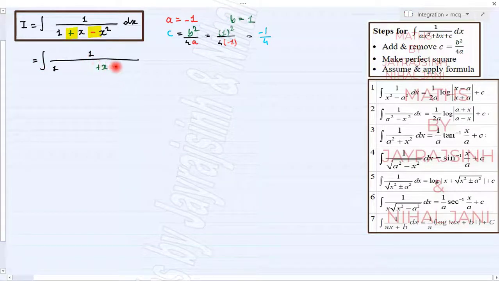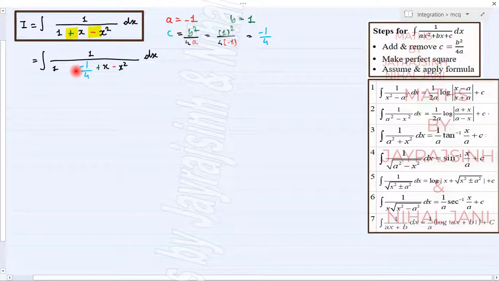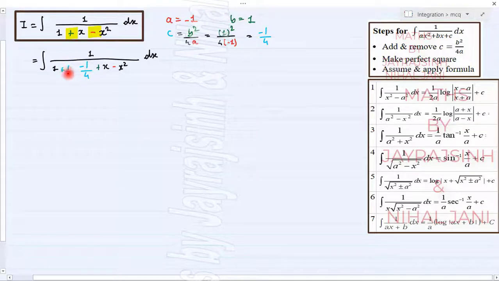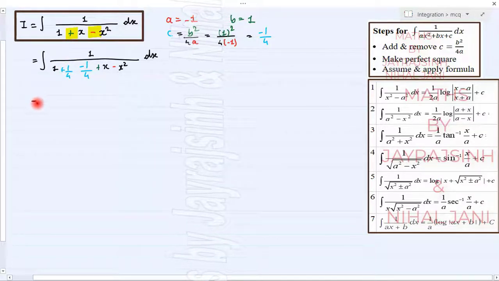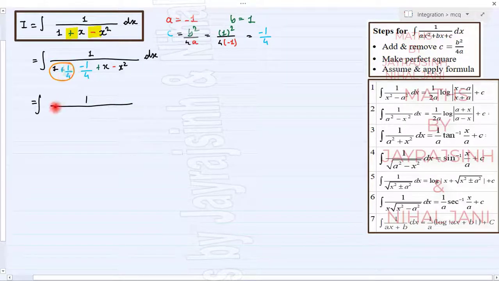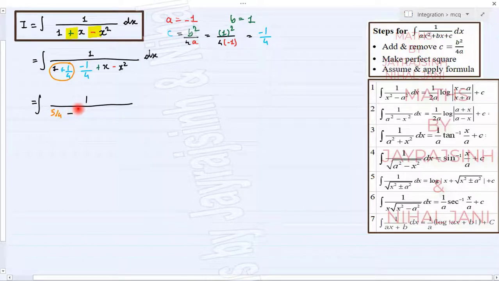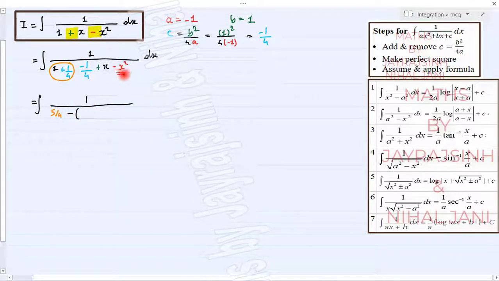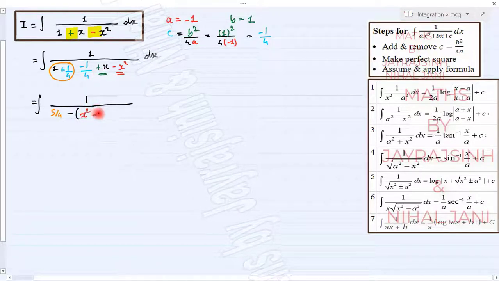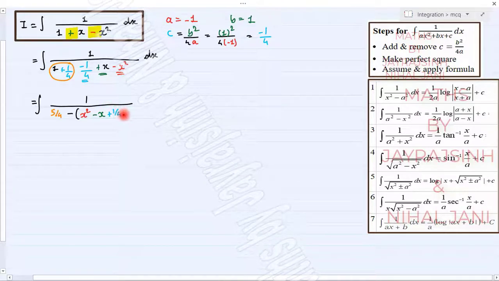Let's write down what we have and then add and remove the required last term. So minus 1 by 4 and then we have to take plus 1 by 4. So here this 1 plus 1 by 4 will become 5 by 4, and after taking minus common, this minus x square will become plus x square, plus x will become minus x, and minus 1 by 4 becomes plus 1 by 4.